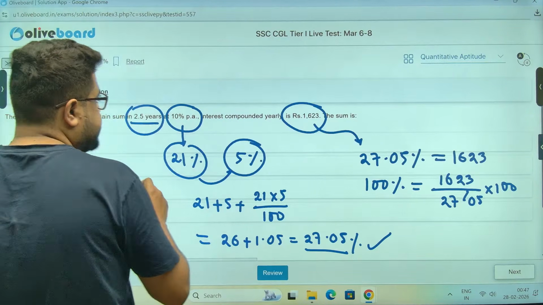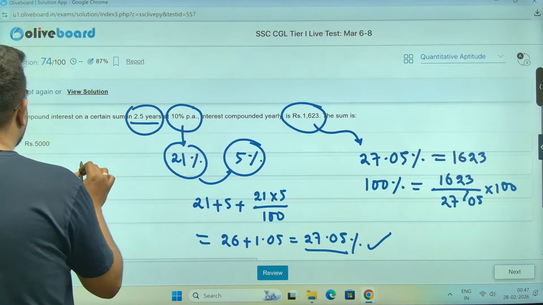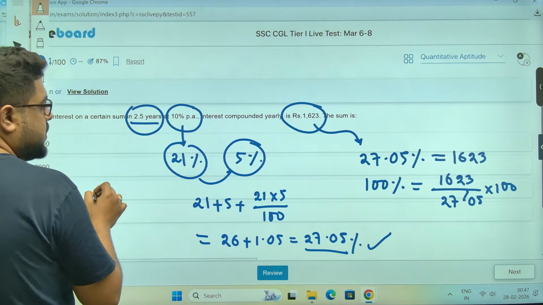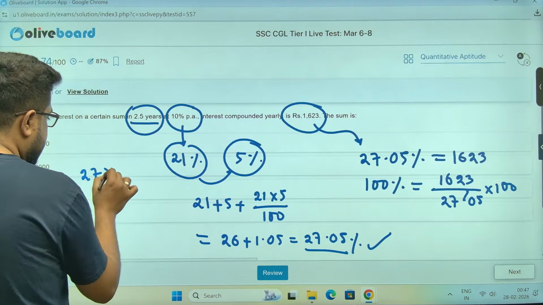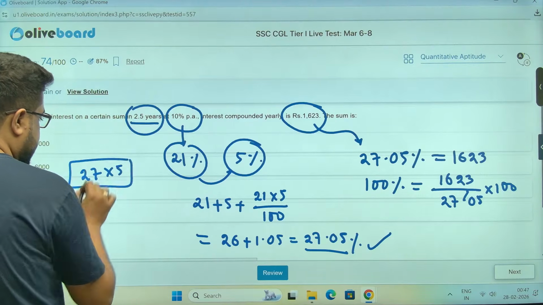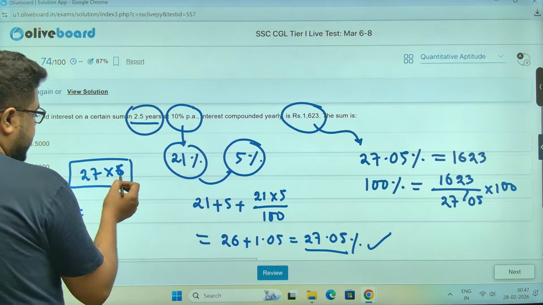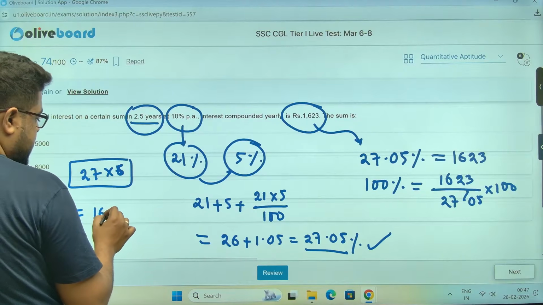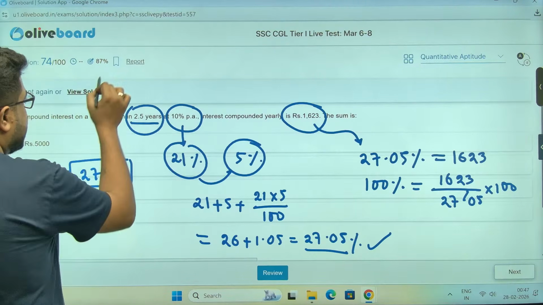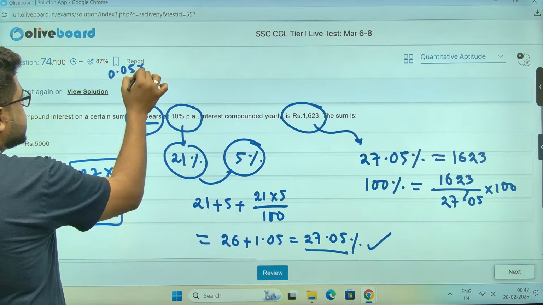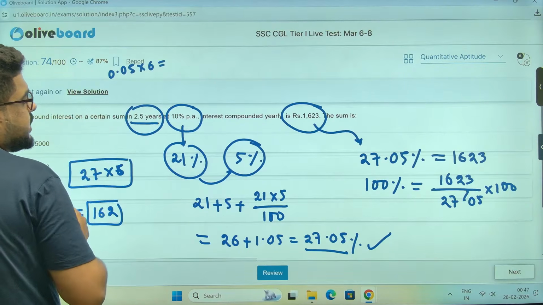Just a second now. 27 into 5, correct? Sorry, 6. That is 120 and this 162. And 0.5 into 6 is 0.3.